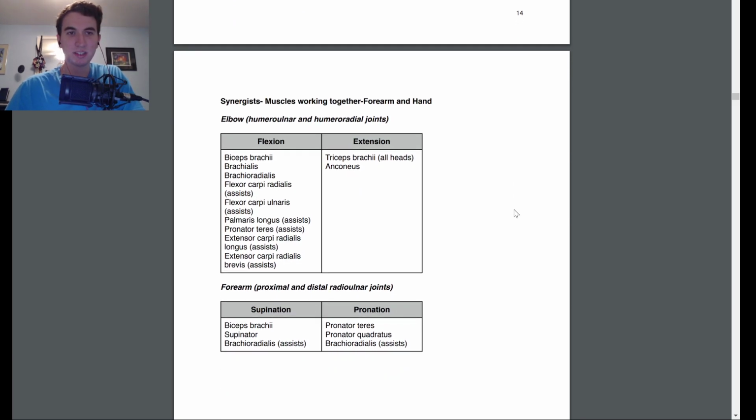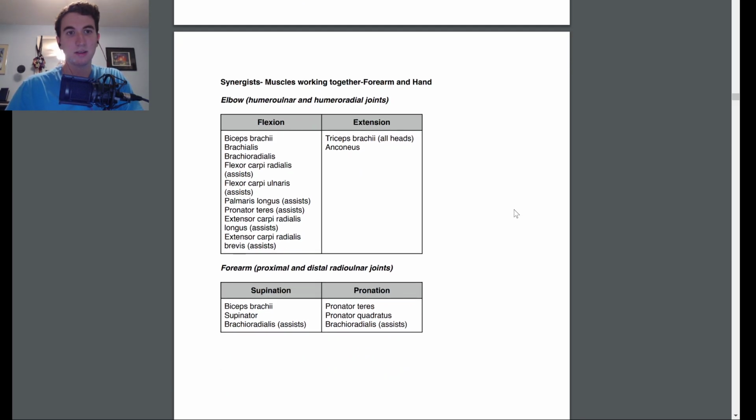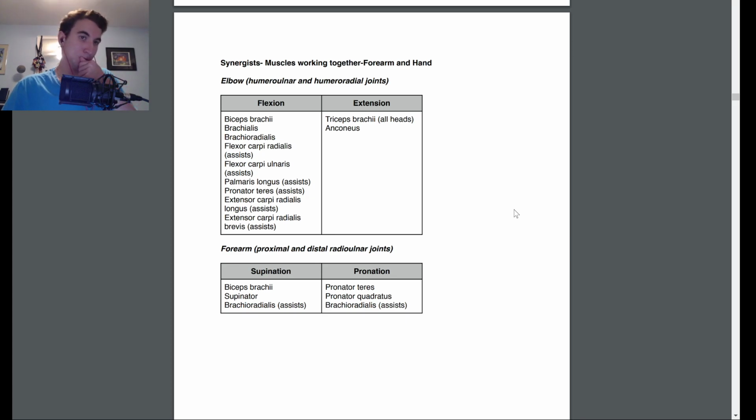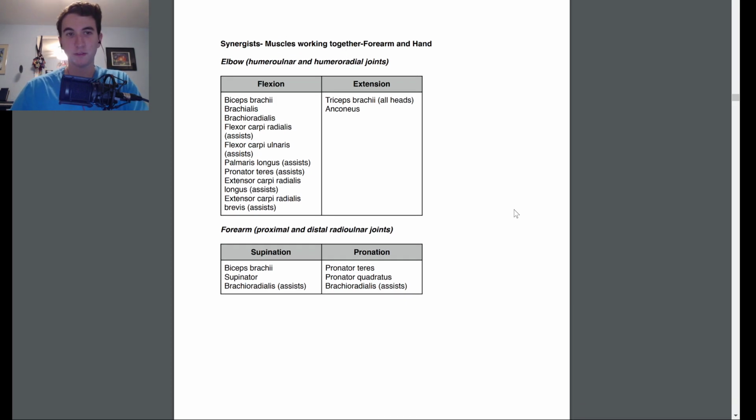Next up are the synergist muscles for the forearm and hand. Starting with the elbow, the humeroulnar and humeroradial joints. With flexion, we have the biceps brachii, the brachialis, the brachioradialis, and the flexor carpi radialis assists, the flexor carpi ulnaris assists, the palmaris longus assists, the pronator teres assists, the extensor carpi radialis longus assists, and the extensor carpi radialis brevis assists.